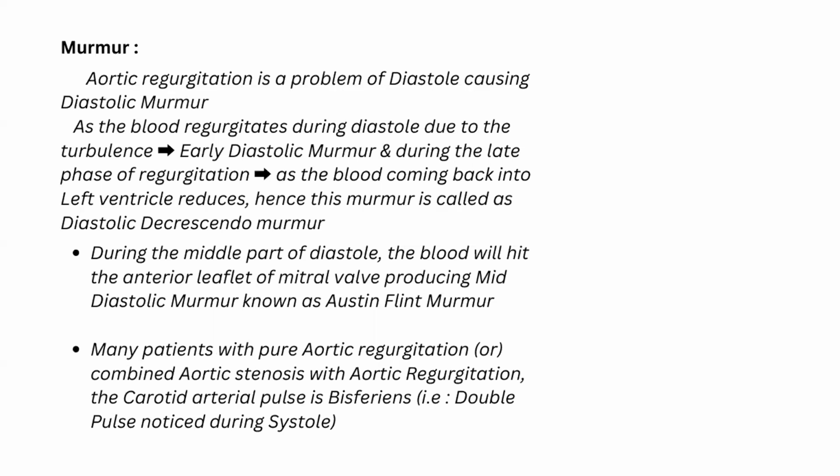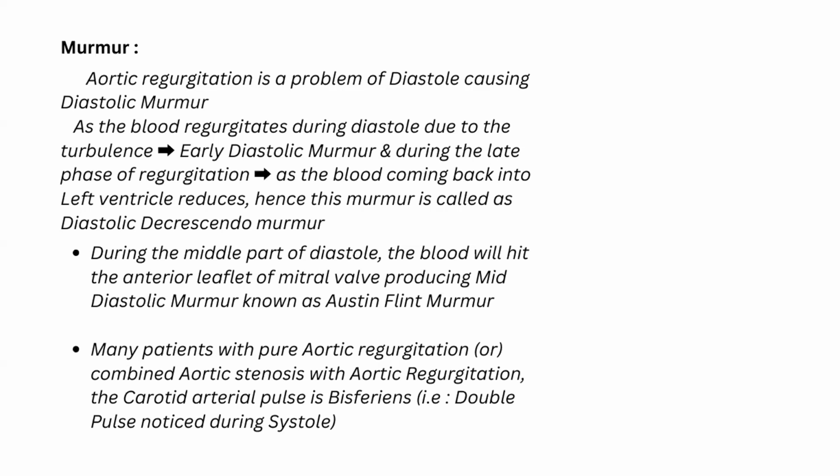Talking about the murmur of aortic regurgitation, it is a problem of diastole, causing a diastolic murmur. As the blood regurgitates during diastole, due to the turbulence you get an early diastolic murmur. During diastole the aortic valve was supposed to be closed, but it is not closing, so the blood comes back and creates turbulence, which produces an early diastolic murmur.